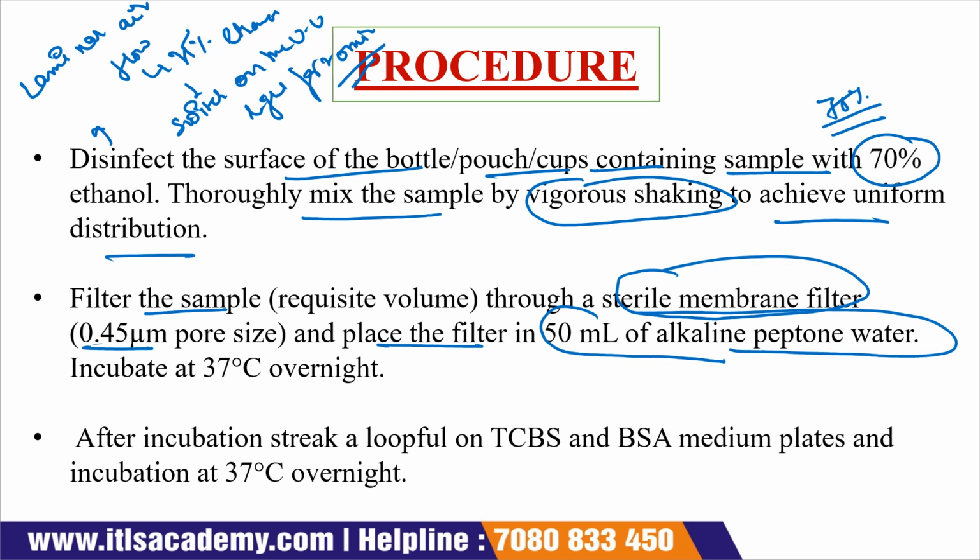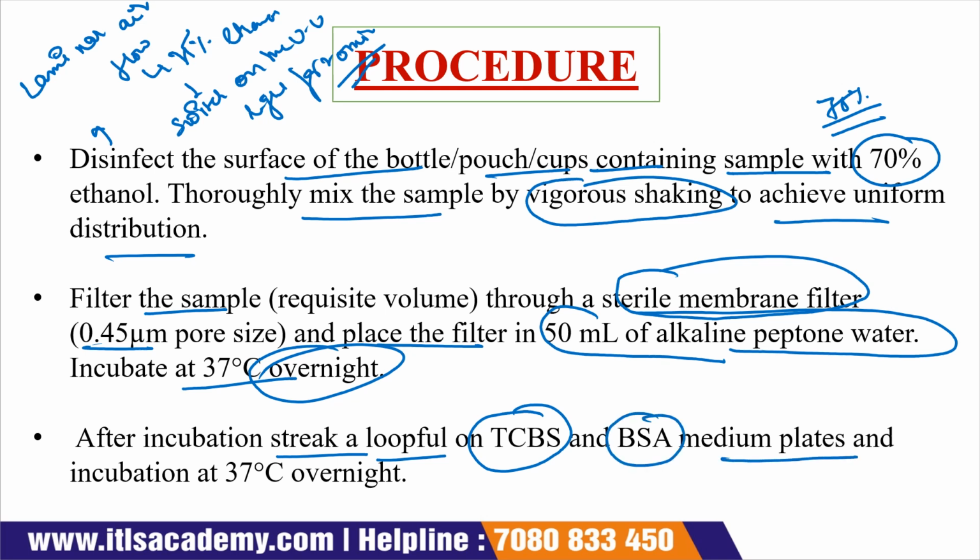After filtering the sample, we get a filter. Then this filter is mixed with the 50 ml of alkaline peptone water and incubated at 37 degrees Celsius overnight. Now after overnight, we take a streak loop full on a TCBS and a BSA medium plate, and then again we incubate it at 37 degrees Celsius overnight.